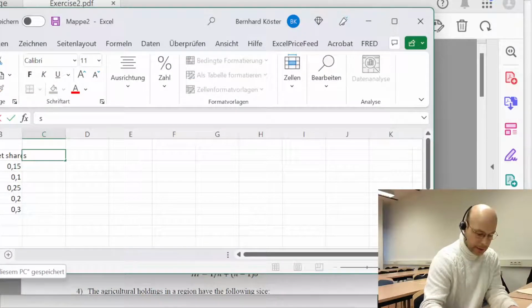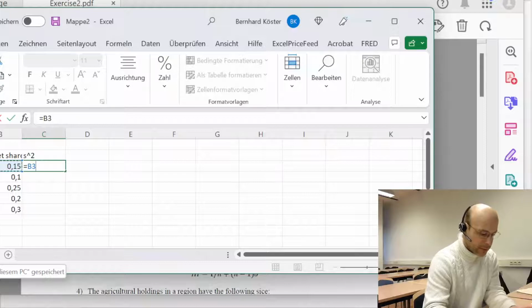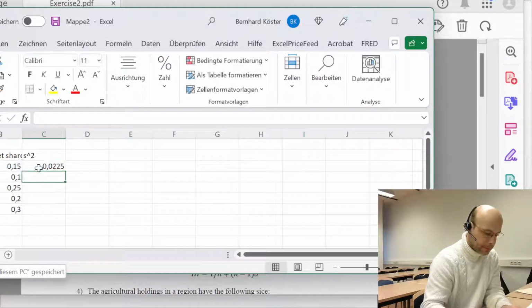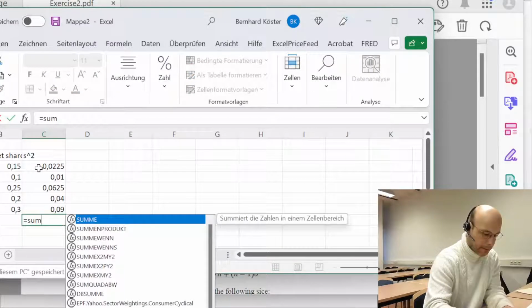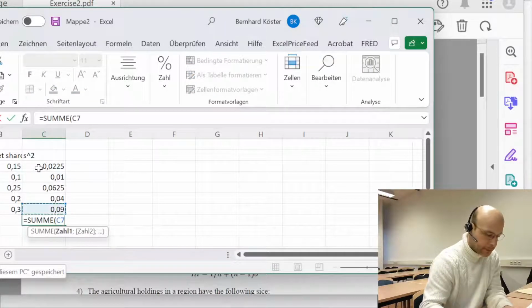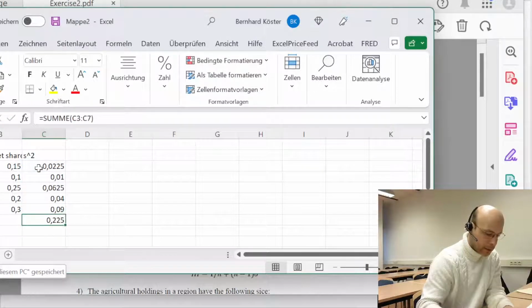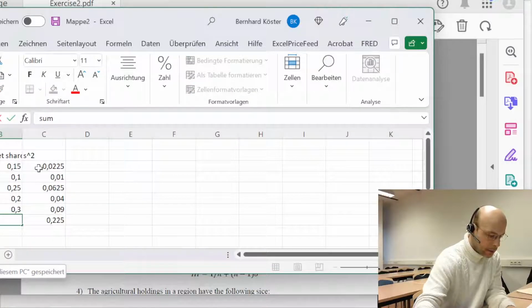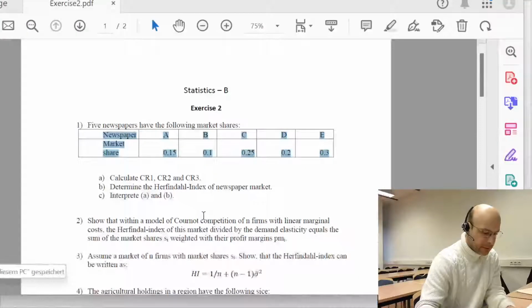So then S squared equals 0.15 squared and adding up all this. Equals 0.225.